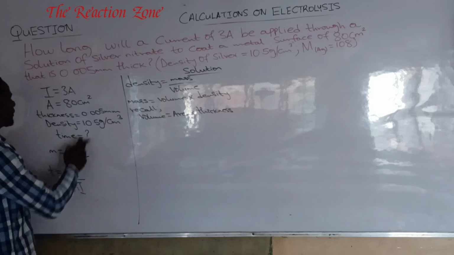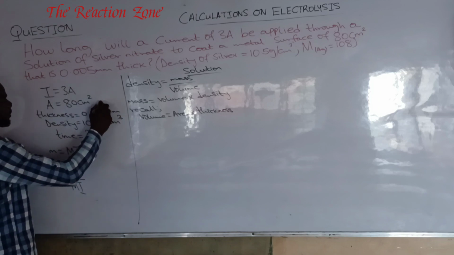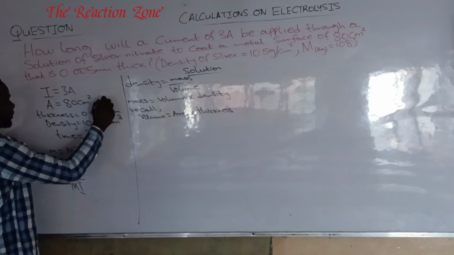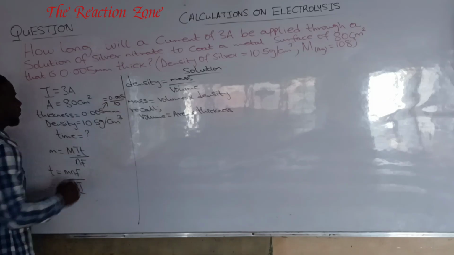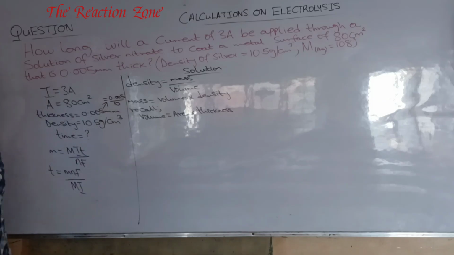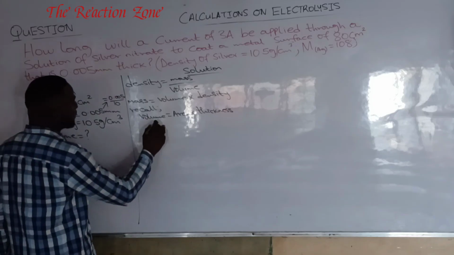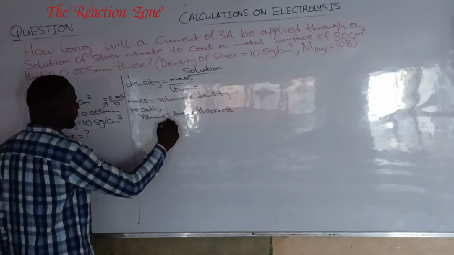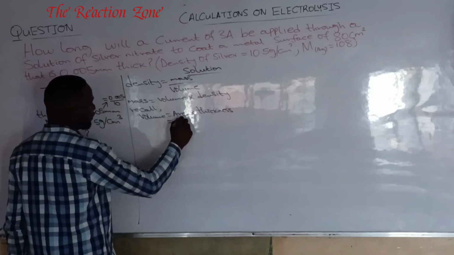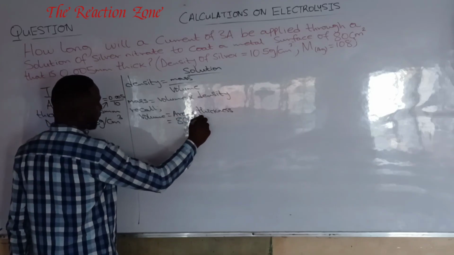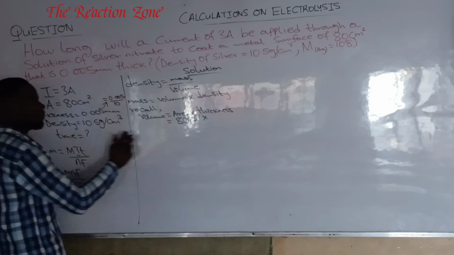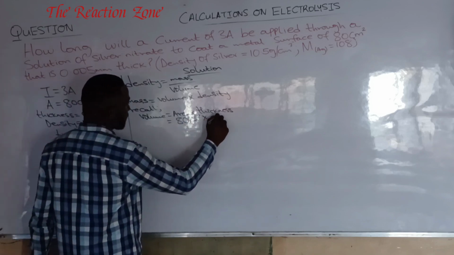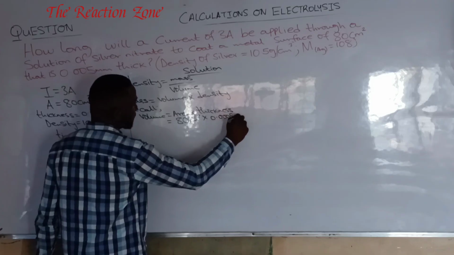Now, if we convert 0.005 millimeters to centimeters, it's simply going to become 0.005 divided by 10, because 10 millimeters gives us 1 centimeter. So, it means that the volume in this case is going to be the area, which is 80 centimeters squared multiplied by the thickness. Now, 0.005 divided by 10 is going to become 0.0005 centimeters.